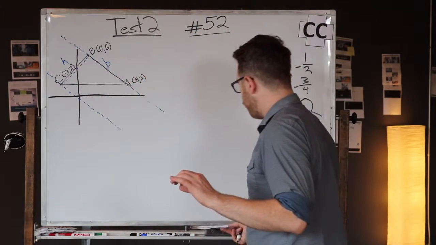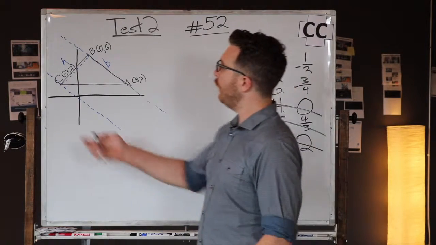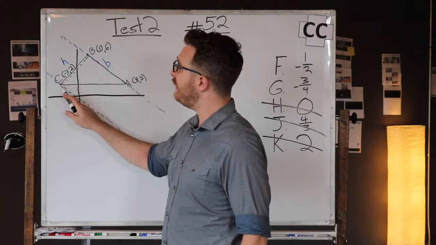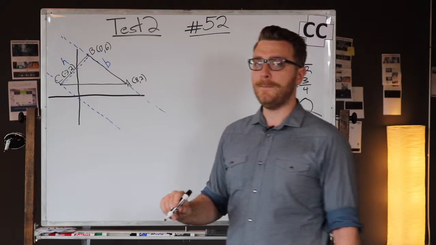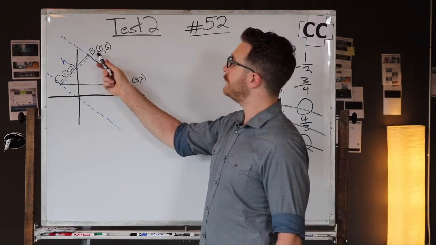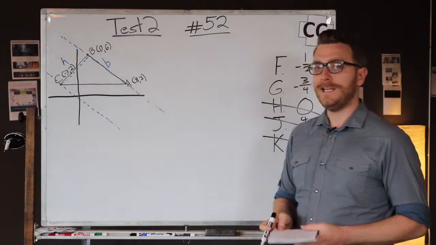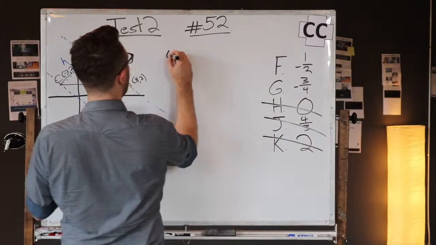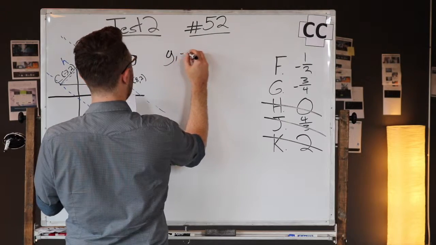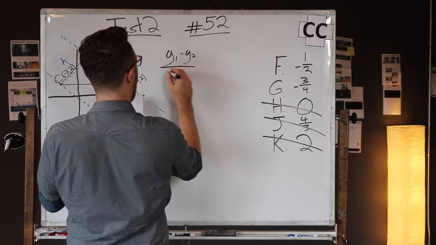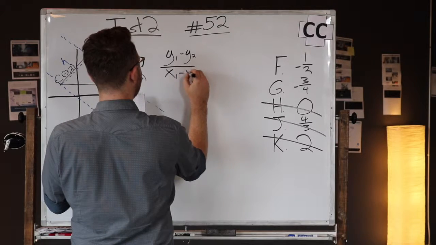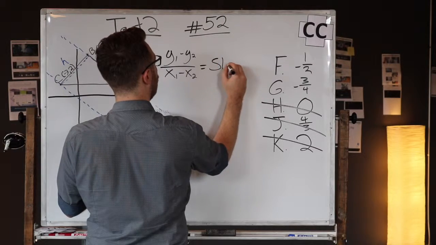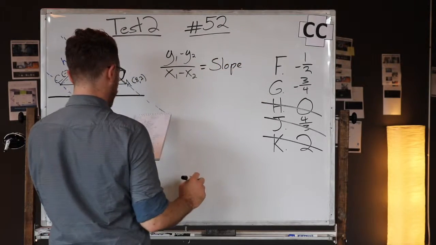Now, we have to use a formula to discover the slope of this line. Well, it's tough because we only have 1 point on this line. But if this line is parallel to AB, we can use the 2 points from A and B in the slope formula. We've used this for a long time now: y1 minus y2 over x1 minus x2. That will give us our slope. So let's fill this all in.